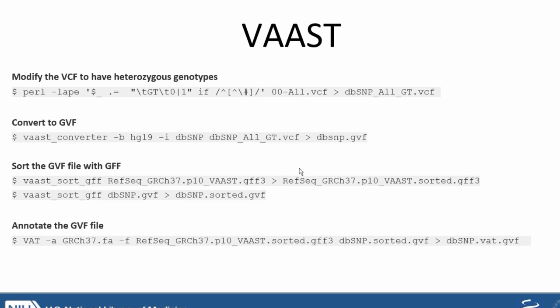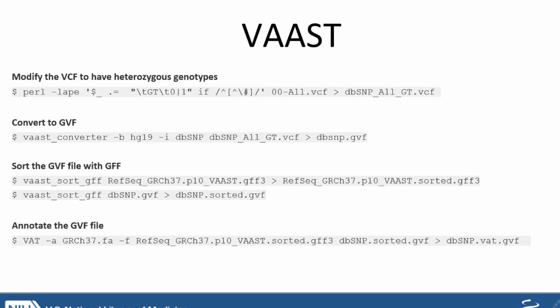You'll then want to sort the GVF file on a GFF3. For this one, I used a GFF3 file that VAAST has available on their FTP site, which you can find under their main website: you'll hit data links and you can find it under there. That made it easier to map. And then you'll want to do the same thing for the GVF file.